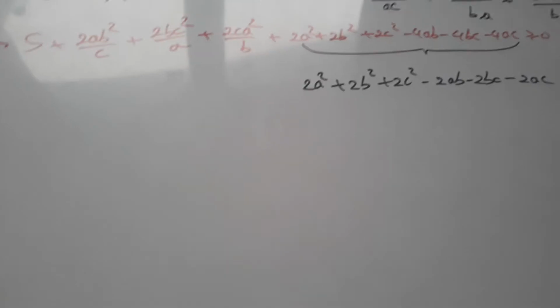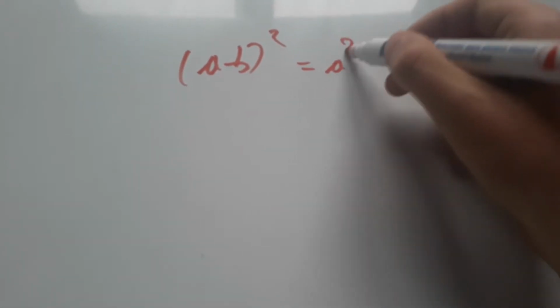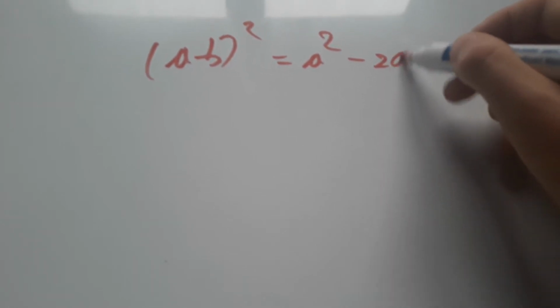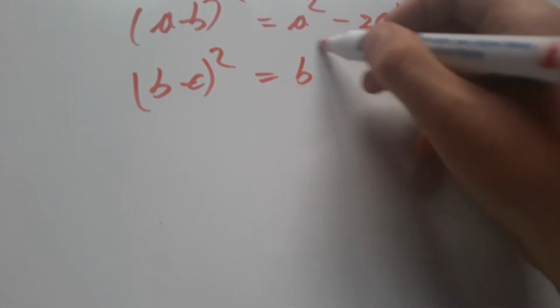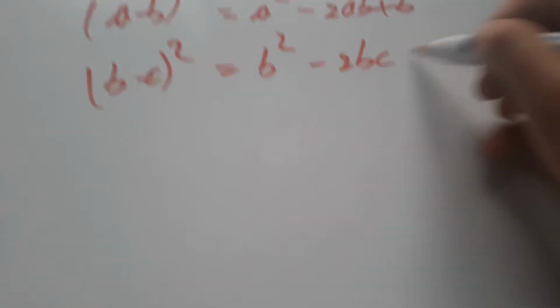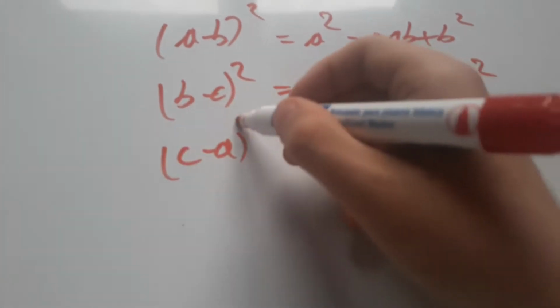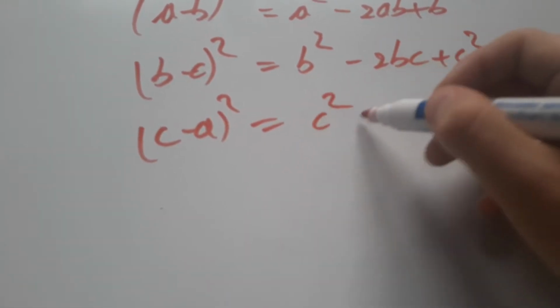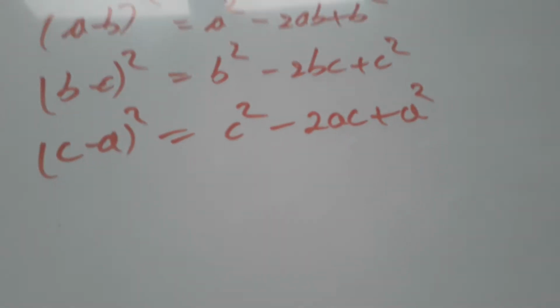You will see. But first of all, let's calculate this square, (a minus b) squared. This is equal to a² minus 2ab plus b². But (b minus c) squared is b² minus 2bc plus c². And then (c minus a) squared is equal to c² minus 2ac plus a².